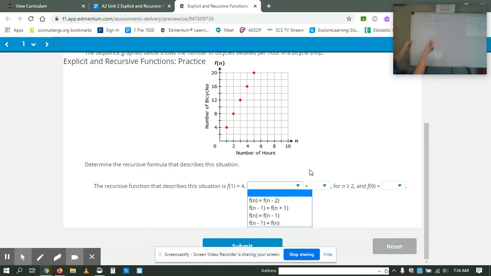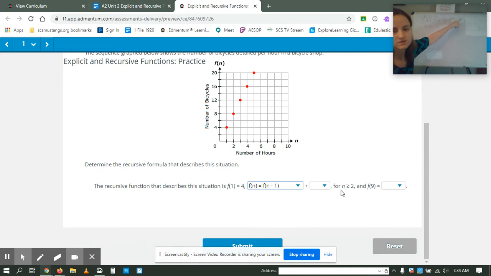And if you've got this pulled out or written down, then that's exactly what goes in that first box. You're just recognizing, hey, this is what a recursive function looks like. So I've got f of n is equal to f of n minus 1 for n values greater than 2. I didn't write that part of the definition there.